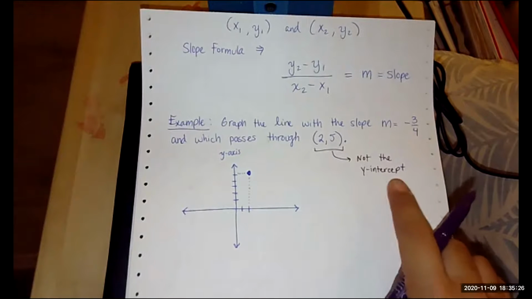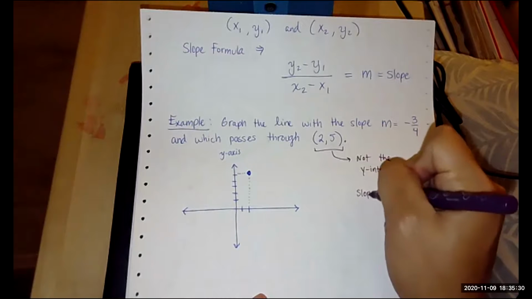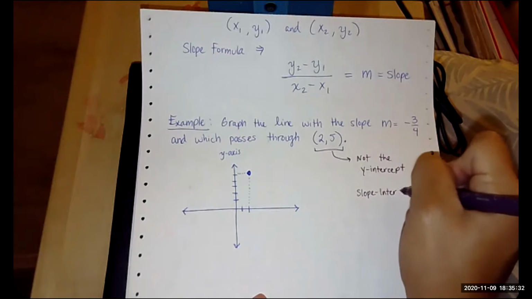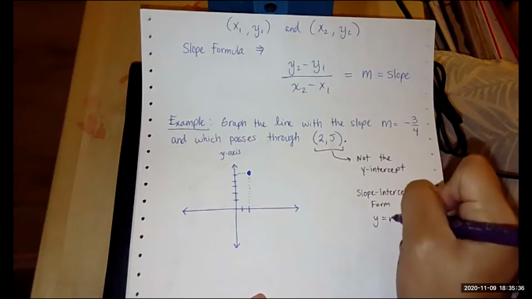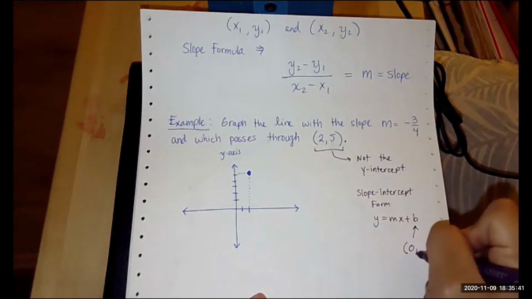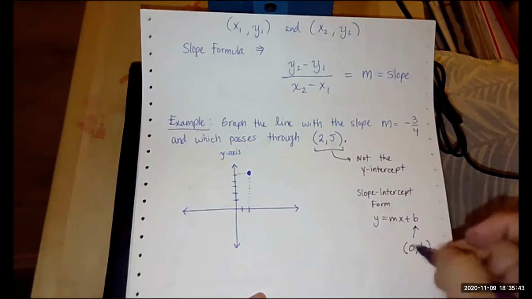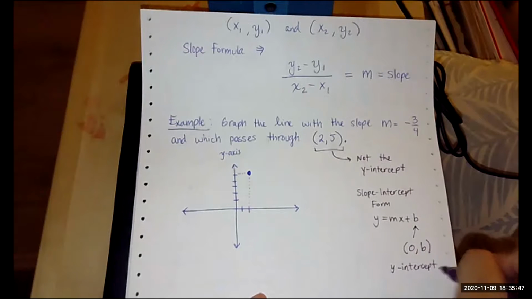And that's important because if I wanted to use slope-intercept form, which is y equals mx plus b, then I would need (0, b), the y-intercept, in order to use the slope from this point to move and find the next point.